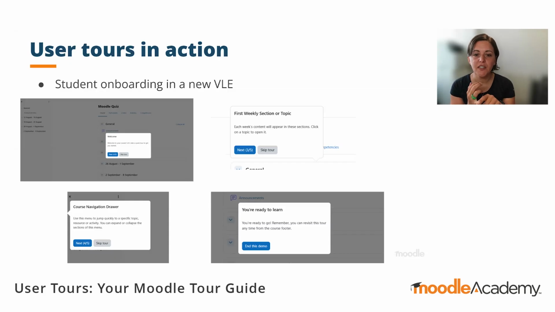And obviously, the text you can see here could be text, pictures, tables, images, links, whatever format. You have the same formatting as any other text within Moodle. And then you can see my course navigation drawer pointing to the side.